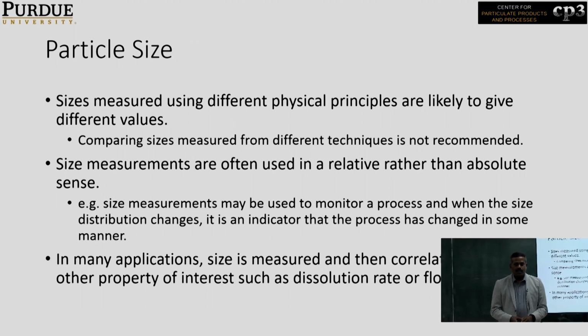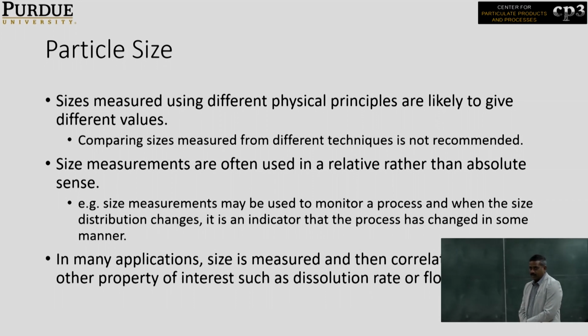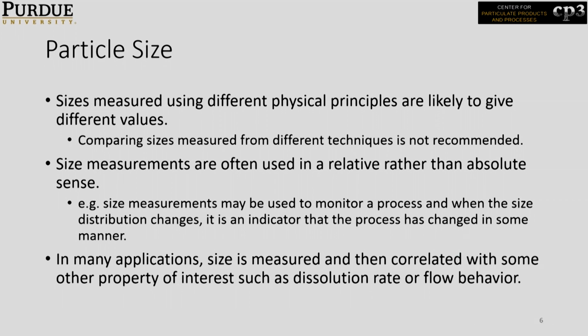You want smaller size powders with high surface area per unit gram or volume so that they dissolve immediately. Same thing going back to the wheat flour example: we talked about ash and its effect on baking quality. If you have ash, its particle size should be very small. If it's very large, that will affect its baking properties.